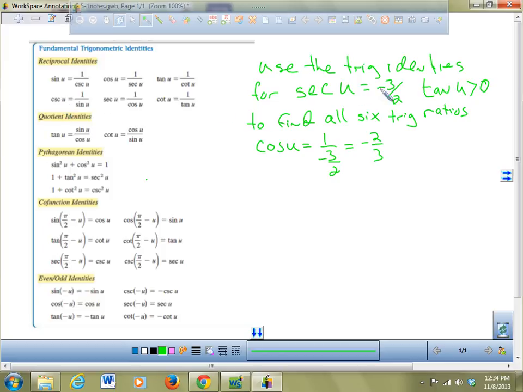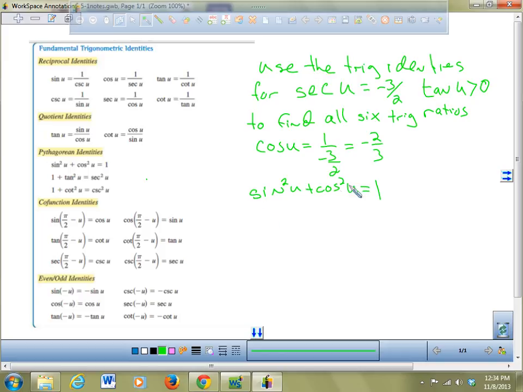So now I know cosine u, I know secant u, I want to find all the other ones. Well, the only way I can think of relating them, without drawing a unit circle, is using sine squared plus cosine squared equals 1. So I'm going to go sine squared u plus cosine squared u equals 1. Now I'm going to use this identity to find sine, which you can do, right?